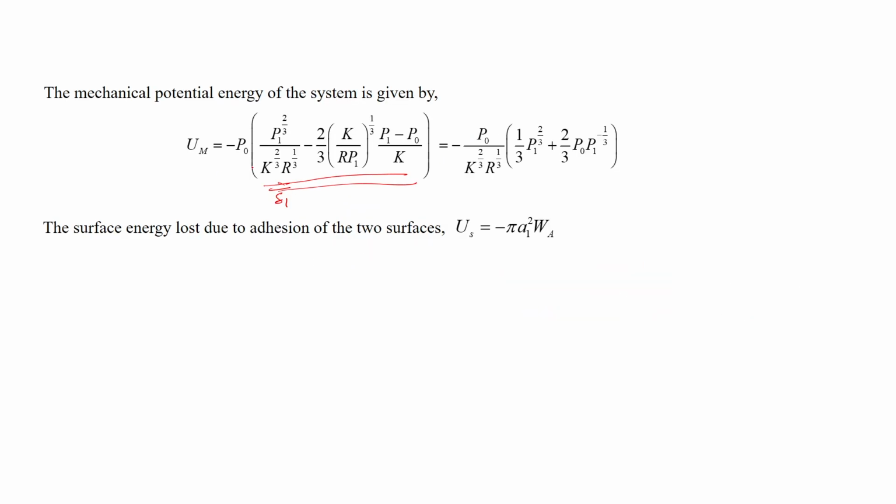So, this is minus P0 into the whole distance through which this load travels, or the external mechanical load has to go through. Force into distance is energy. So, the mechanical potential energy of the system, or the energy that is spent by this external load, is given with a minus sign, minus P0 into this, and then the energy that has gone because of the adhesion of the two surfaces.